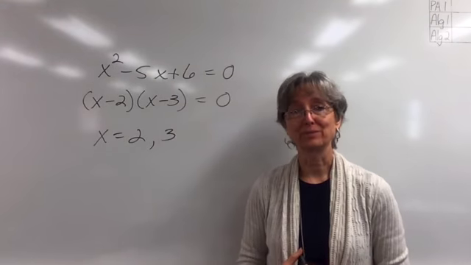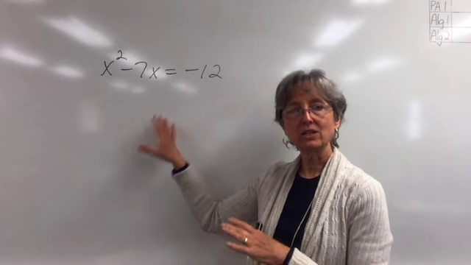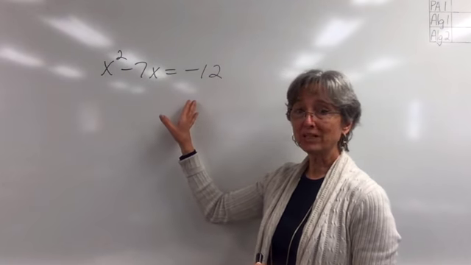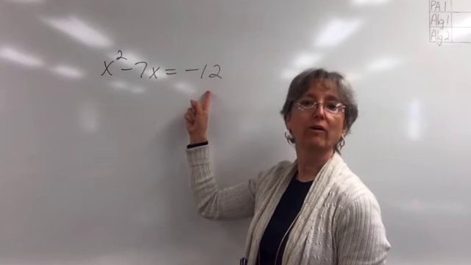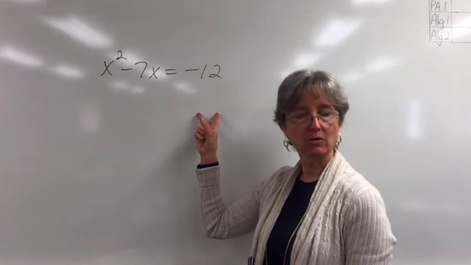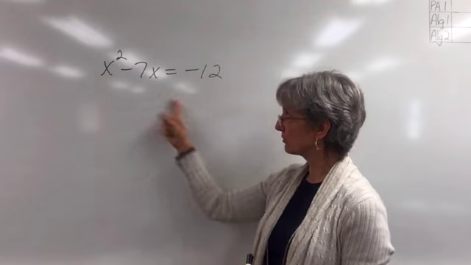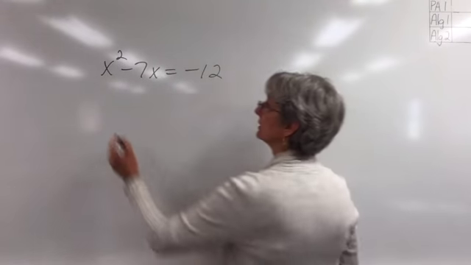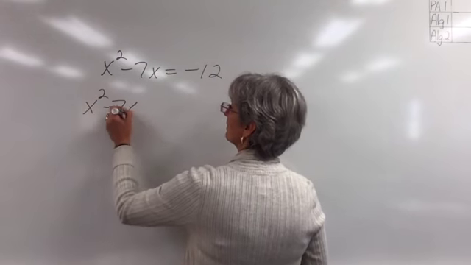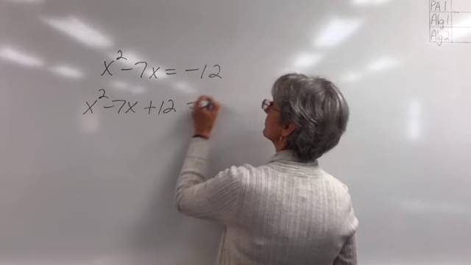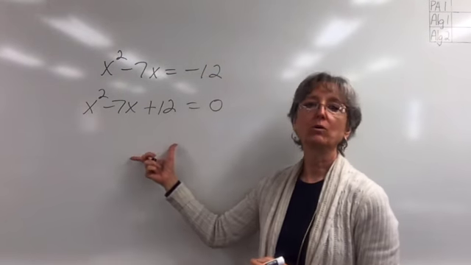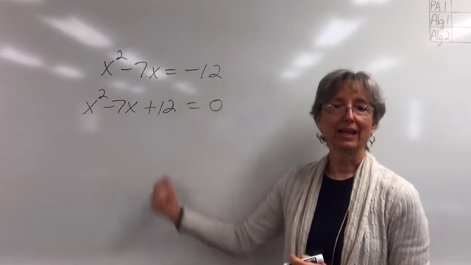In this next equation, the first step we need to do is move this negative 12 because it is not equal to 0. We need to put the quadratic on one side and 0 on the other. So first move the 12 over: x squared minus 7x, and it becomes positive 12. Now we can factor and solve it.